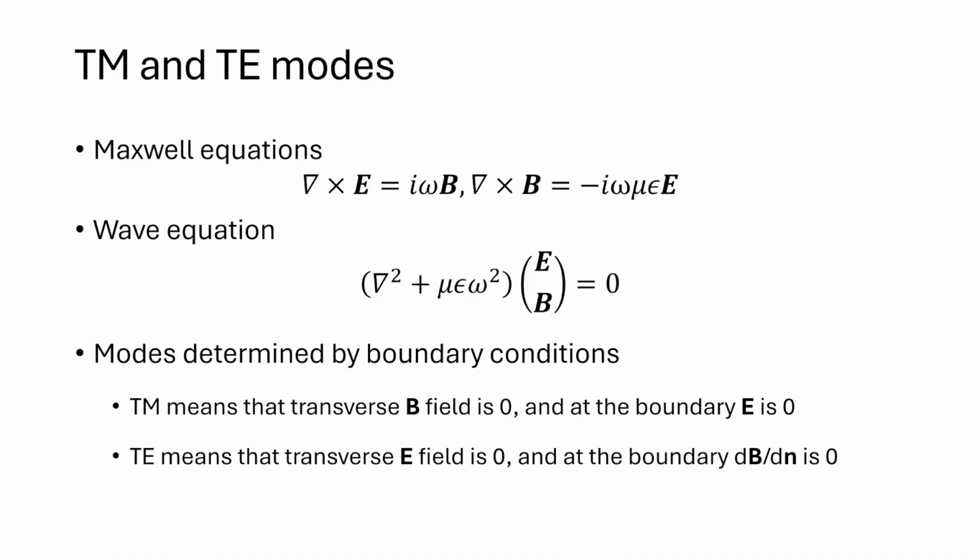What are modes? Modes are when you have a conductor, you have an electric field that travels through it. Time to bring up the pen again. So let's say you have a rectangular conductor, right?